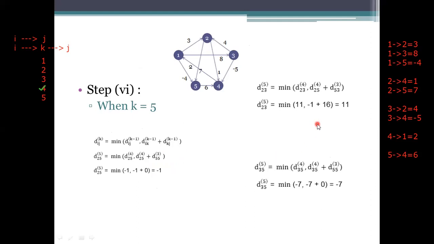And coming to the next one, which is 2, 3. 2, 3 means we need to see whether there lies a path or not. 2 to 3, 2 to 5, 5 to 3. So how are we going to process this one? We need to consider whether there lies a path or not. So first consider 2, 3. First see, there is no path directly, but we reach it by using the intermediate nodes.